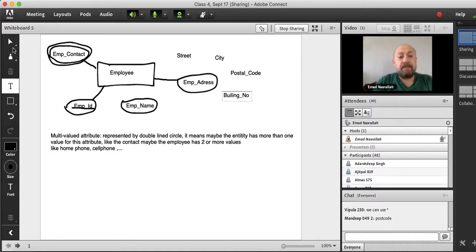Every one of them is like an attribute. We will put it in a circle.